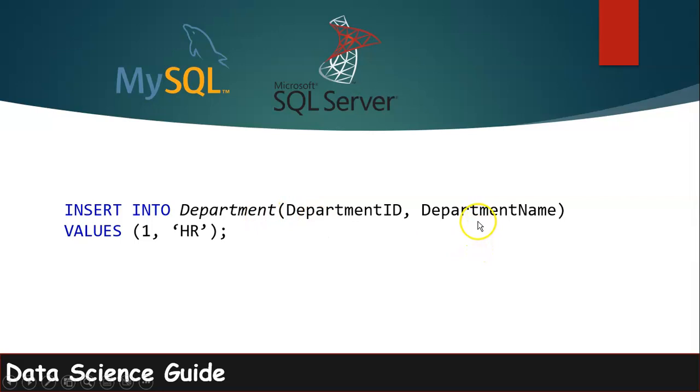We have these two columns, department ID, comma, department name. Close the parenthesis. After that, we type values, open parenthesis, and we start here typing the values. We want to add 1 to department ID, comma, HR to department name. This is the first row or record.